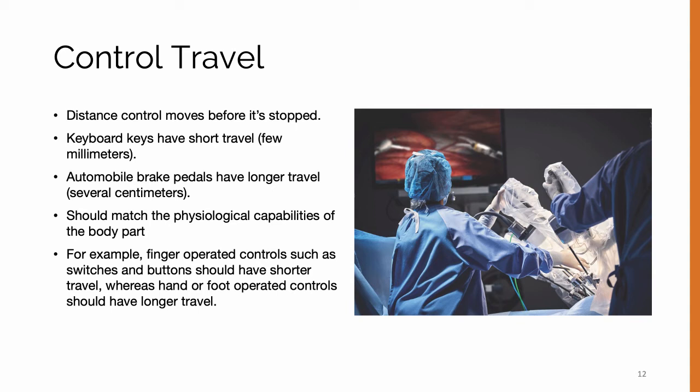So for example, imagine you're trying to go a very, very small distance between one physiological structure and another, or one anatomical structure and another. You actually might want to have to move your fingers a fair amount before that actually happens.